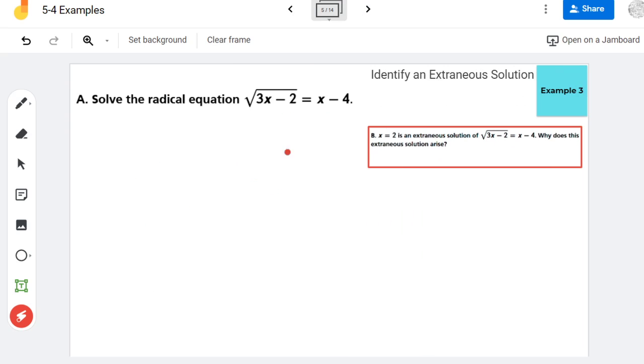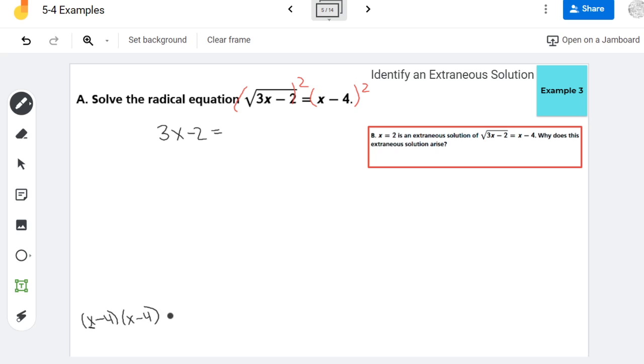Good day, y'all. So let's go ahead and let's do this one. So again, we got our radical alone. So I'm going to go ahead and raise both sides to the second power to get rid of it. So on the left, I'm left with 3x minus 2. And on the right, if I go to the side and get a little bit of scratch paper.